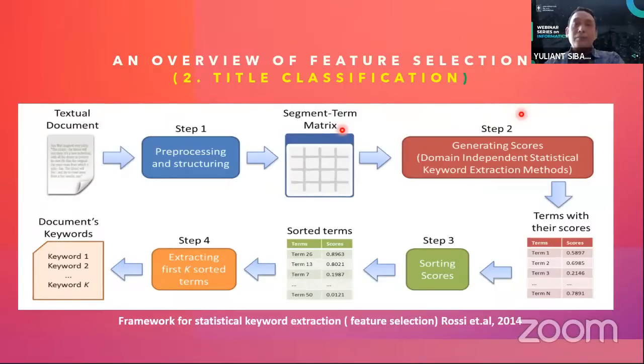After the weight of each term is calculated, we will obtain the score of each term, and we can sort the term scores, and we can choose, for example, the top 10%, the top 20%, the top 30% features.